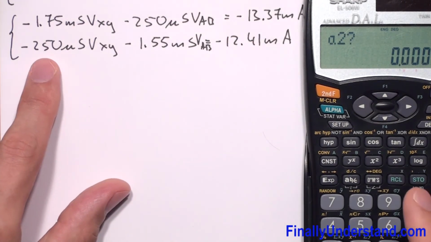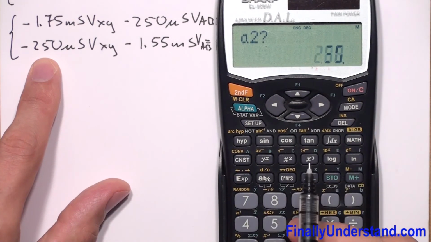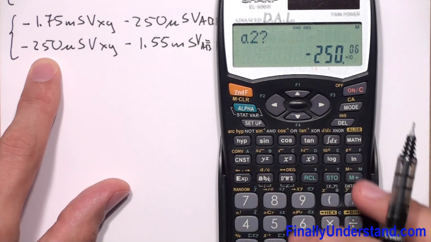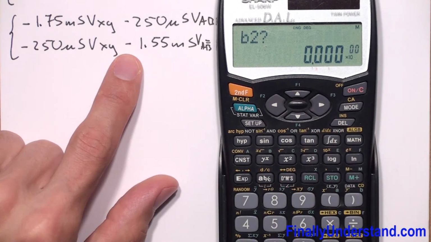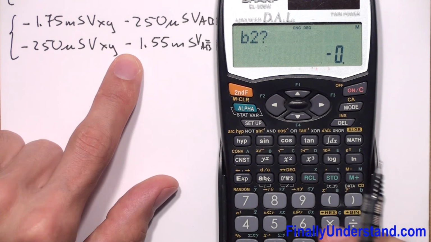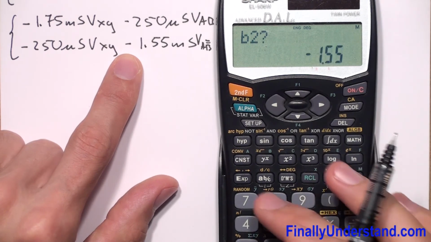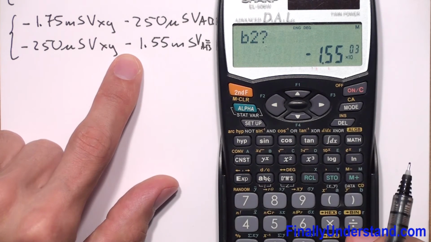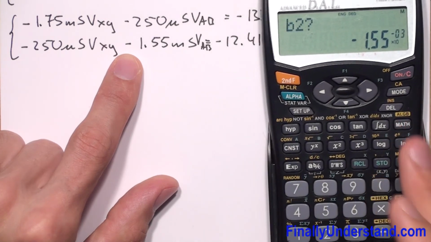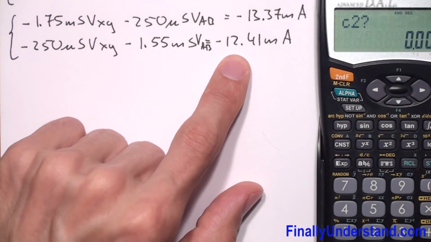And I have 250 exponent negative 6, and I have negative 1.55 exponent negative 3, and I have negative 12.41 exponent negative 3.